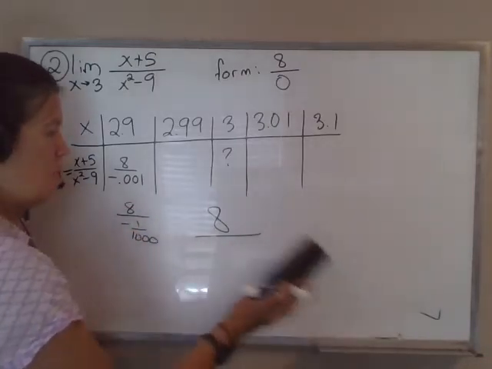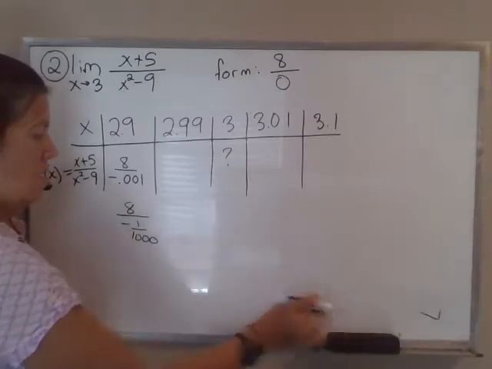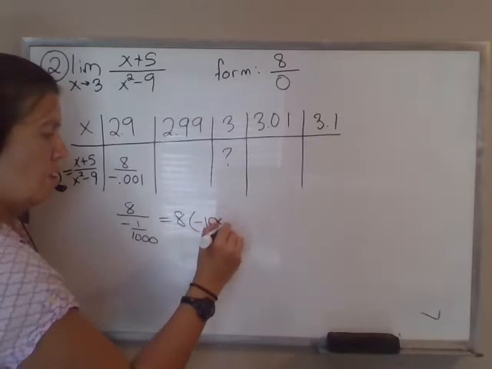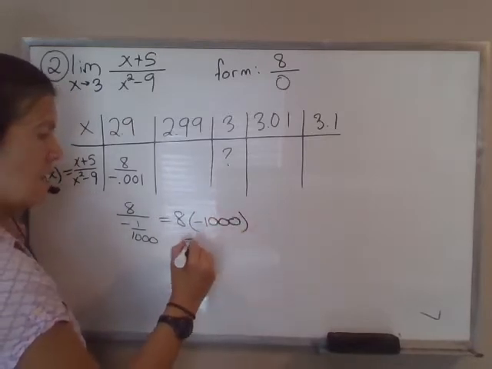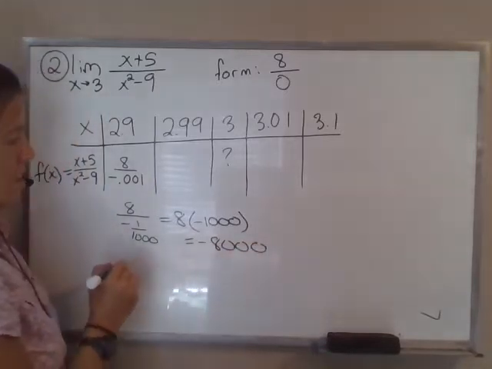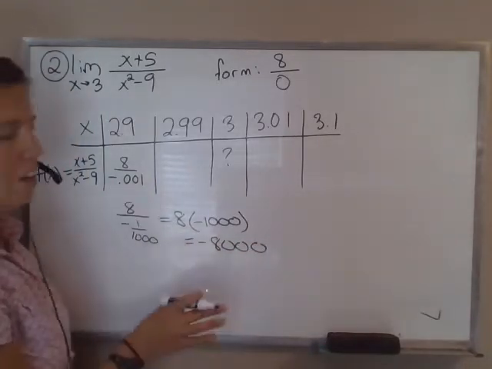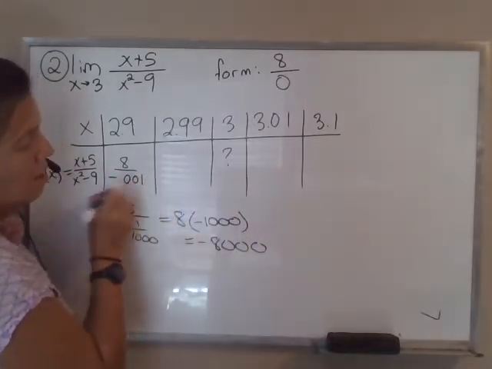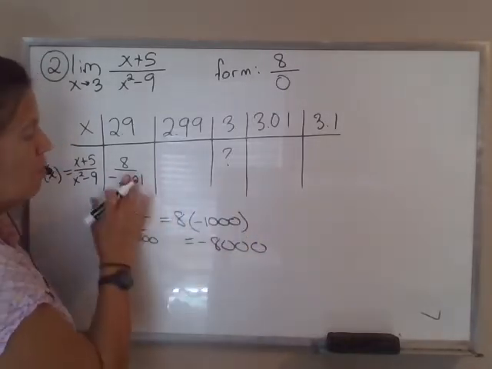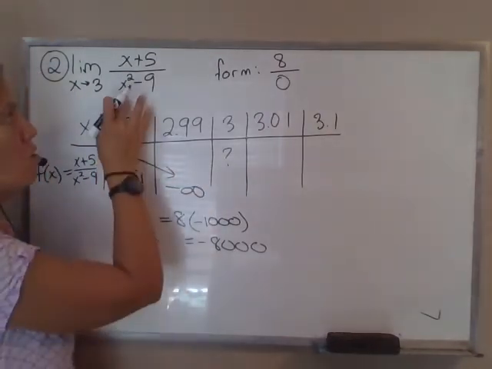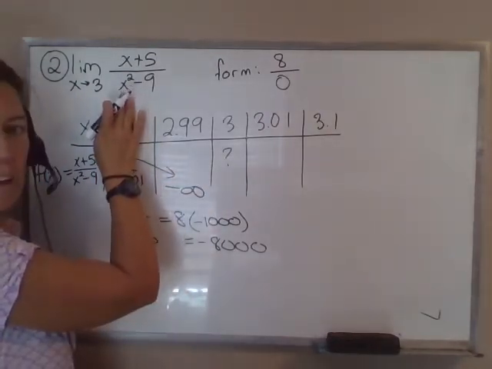And so you can bring this fraction up out of the denominator, flip it over. That's going to be 8 times negative 1,000, so negative 8,000 here. This is just kind of a ballpark sort of thing. You're going to get very large negative numbers. That's what's going to happen when you plug in something close to 3 but slightly smaller.